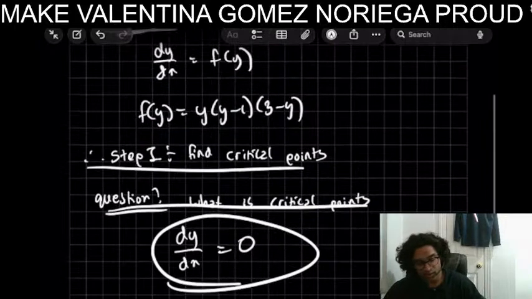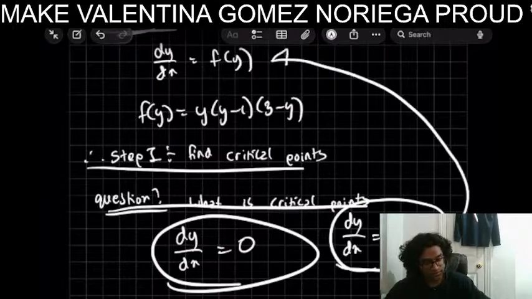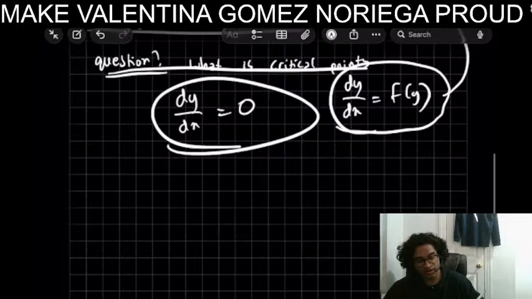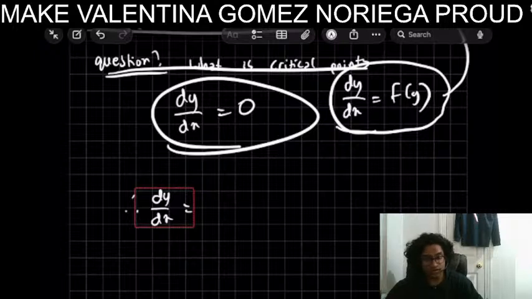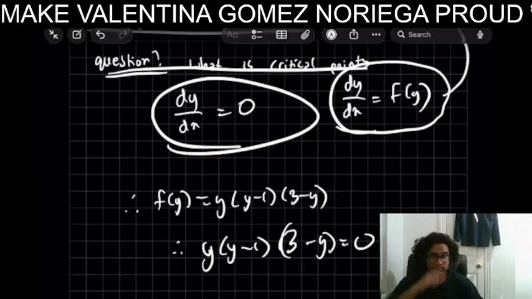Now, in this case, dy by dx is f of y from here. And f of y is equal to (y minus 1)(3 minus y). So we're going to have (y minus 1)(3 minus y) equal to 0. Obviously, you can do that, right?